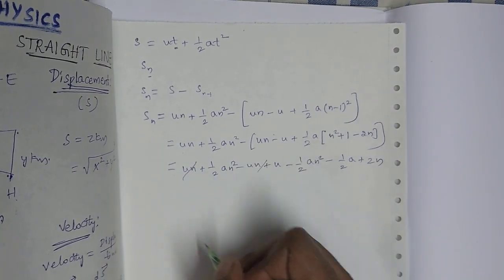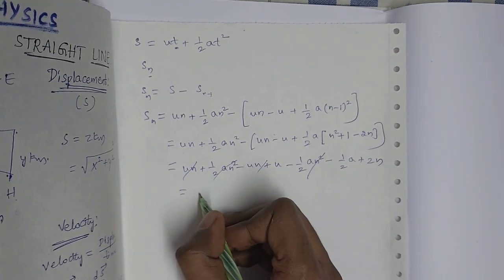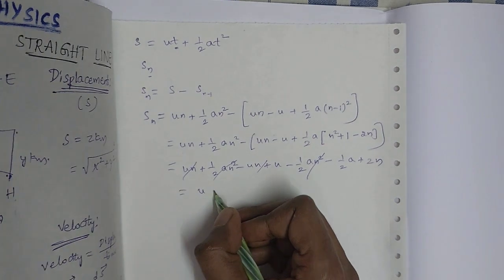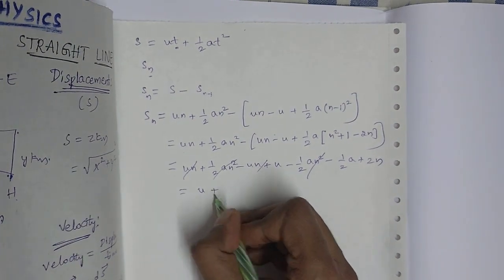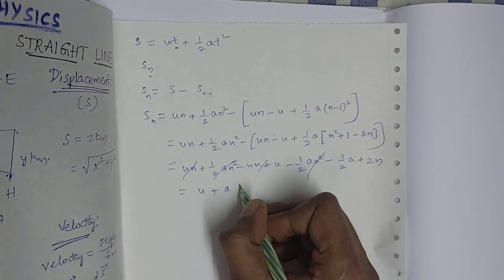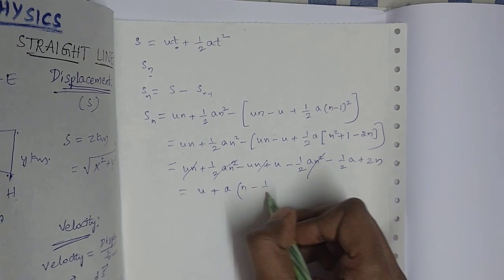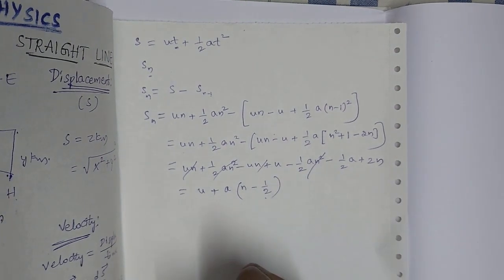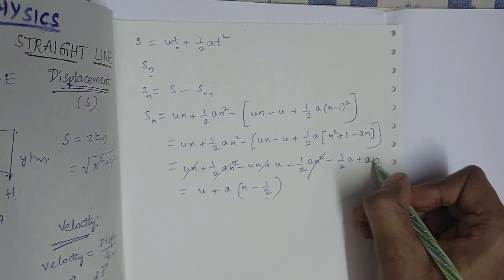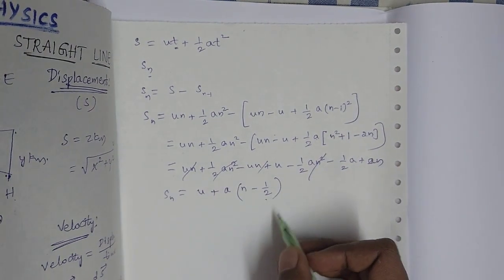Here un gets cancelled, half a n square gets cancelled. The remaining one will be u plus, if we take a common, it will be n minus half. So Sn equals u plus a into n minus half.